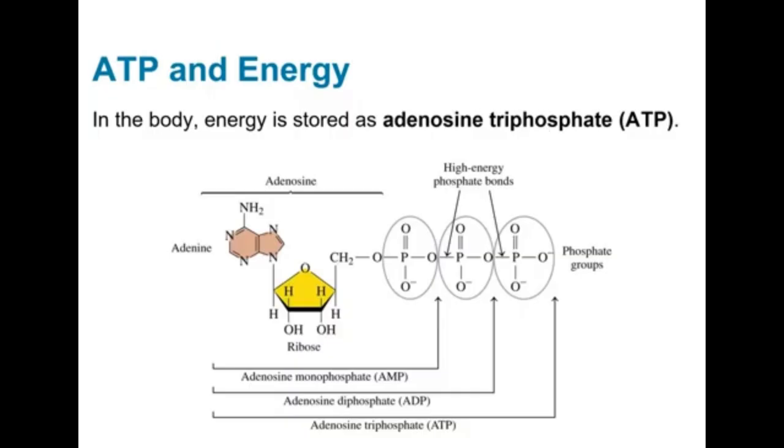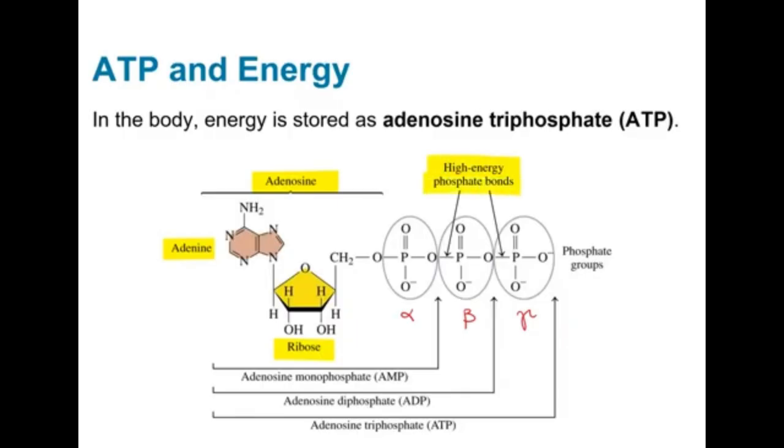As you already learned, adenosine is a nucleoside that consists of the base adenine, the sugar ribose, and three phosphate residues, also known as alpha, beta, and gamma, and the bonds between the phosphate groups.